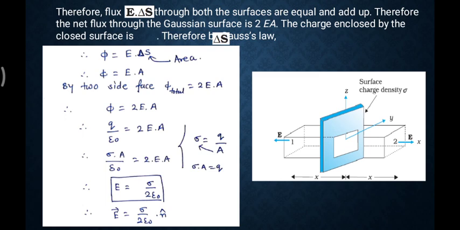This is the electric field generated by the plane sheet having a particular charge density sigma. And if you want to write this electric field in vector form, E vector is equal to sigma upon 2 epsilon 0 times n cap. N cap is the normal direction to the plane sheet. This is a plane sheet and this is the normal direction; the electric field is along that direction only.